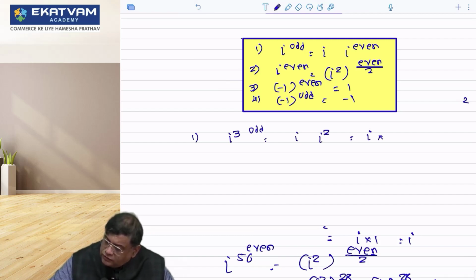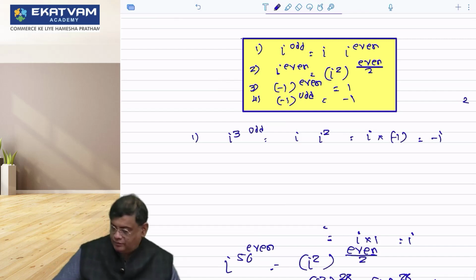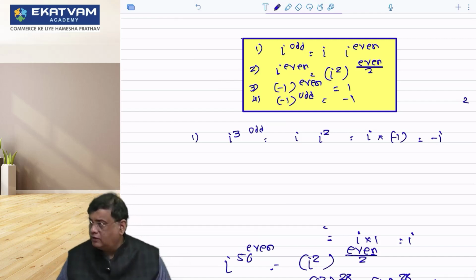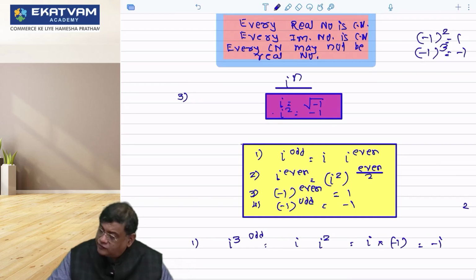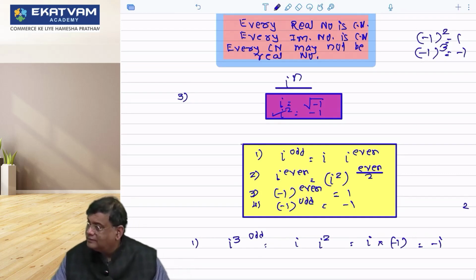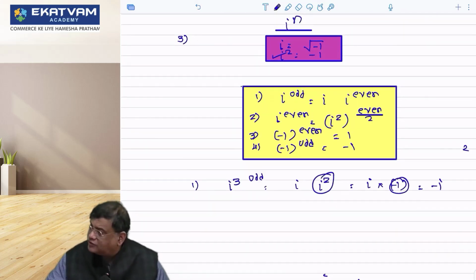So i into -1 means it is -i. Did you understand? If not, say no. Any doubt? i square is -1, we wrote it here. So this i square is this -1. But -1 into i is -i.